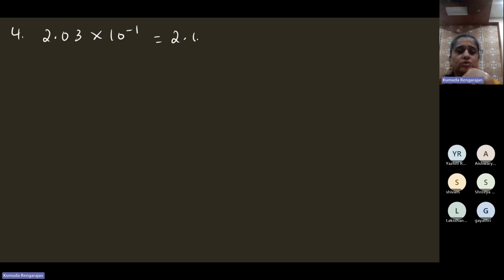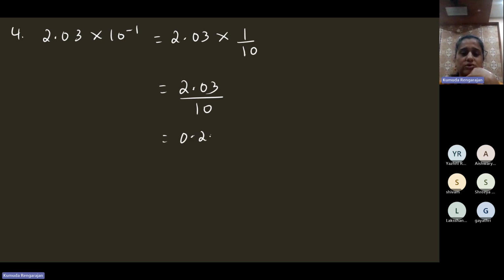So 2.03 into 10 to the power minus 1. 10 to the power minus 1 means 1 by 10. So this is nothing but 2.03 by 10, which is 0.203.